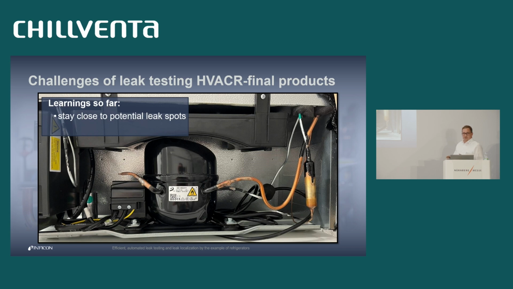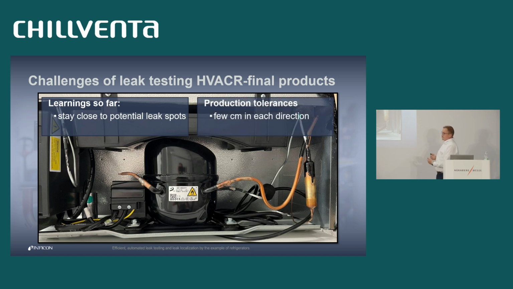Our learning so far, the recommendation is stay close to the leak, stay close to these joints to catch the smallest leaks. But we also know we have huge production tolerances. Even if you have the same type of fridge, it may look different. The position of these joints may differ by a few centimeters easily.